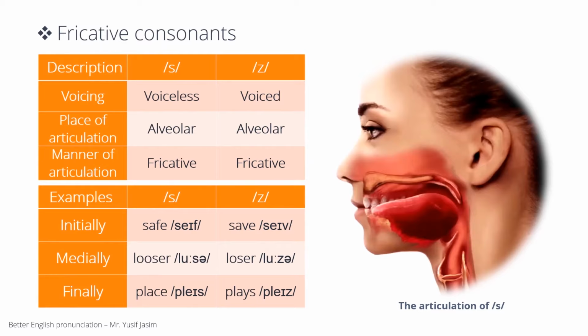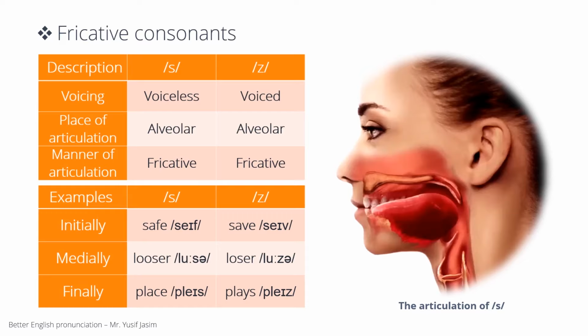S and z. These are produced when the tip or the blade of the tongue makes contact with the alveolar ridge, or one of them is close to the alveolar ridge. Hence they are called alveolar. To produce s or z, the soft palate is raised so that all the air is forced to go through the mouth. The teeth are very close together. The tip and the blade of the tongue are very close to the alveolar ridge.